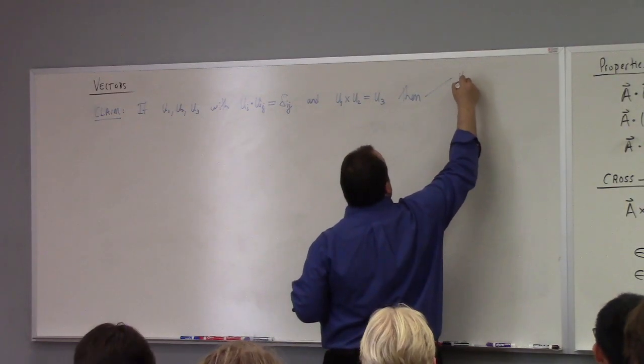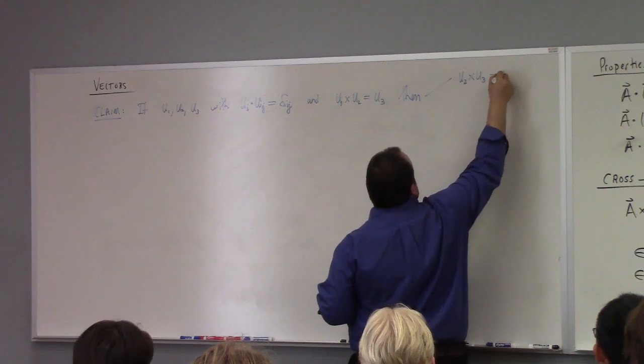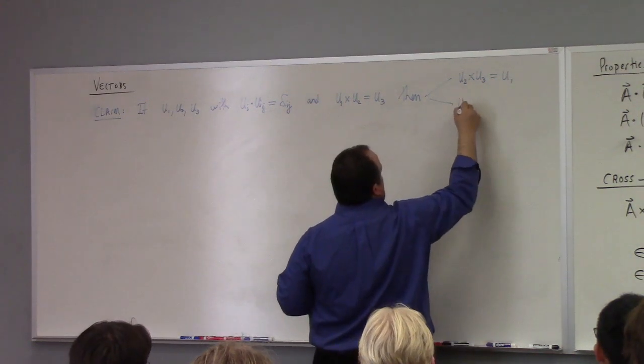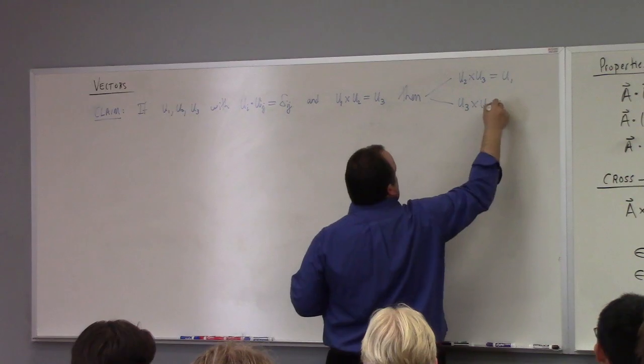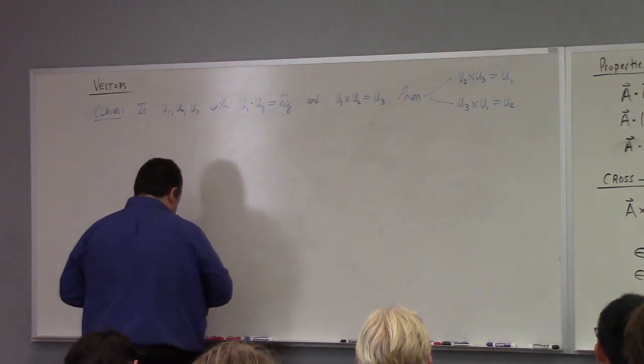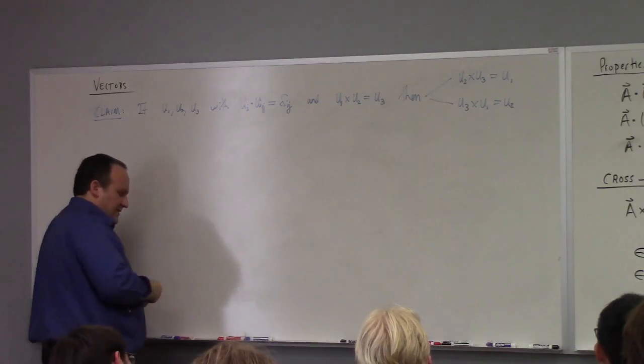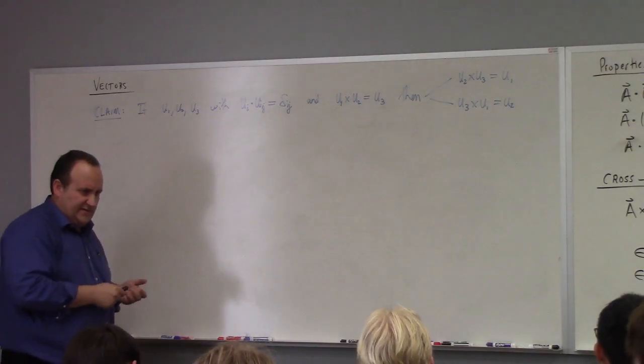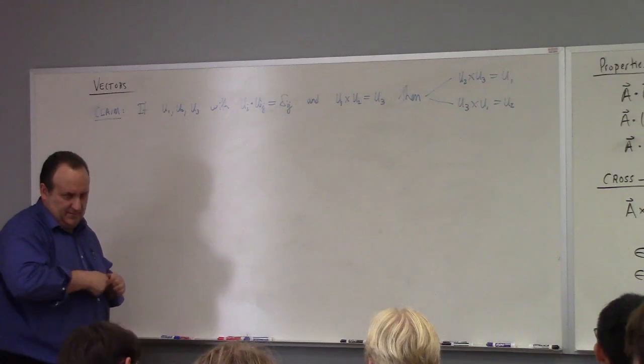We get u2 cross u3 is equal to u1, and we also get u3 cross u1 is equal to u2, necessarily from this data.